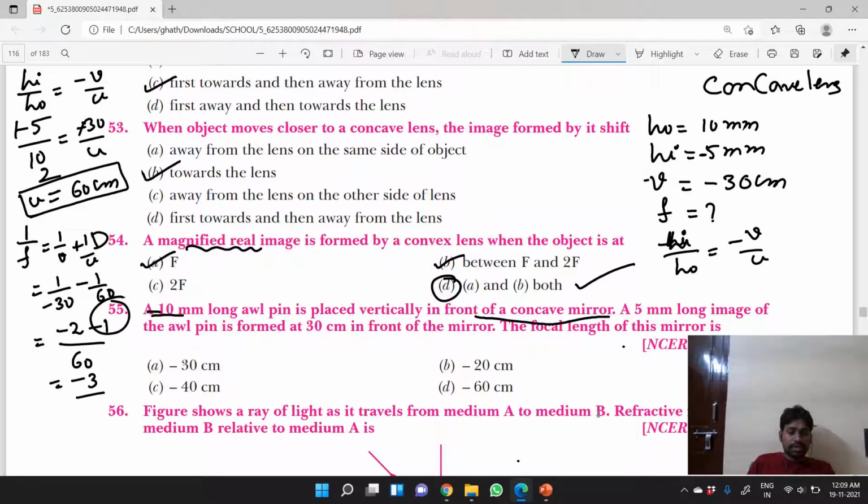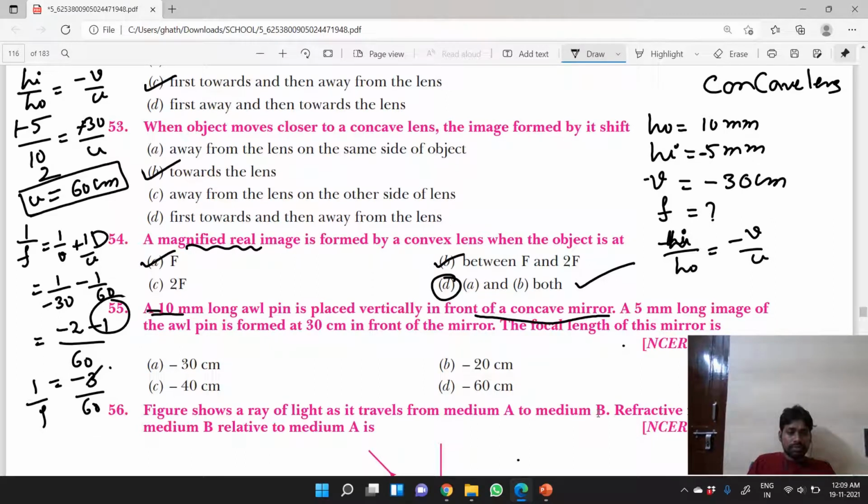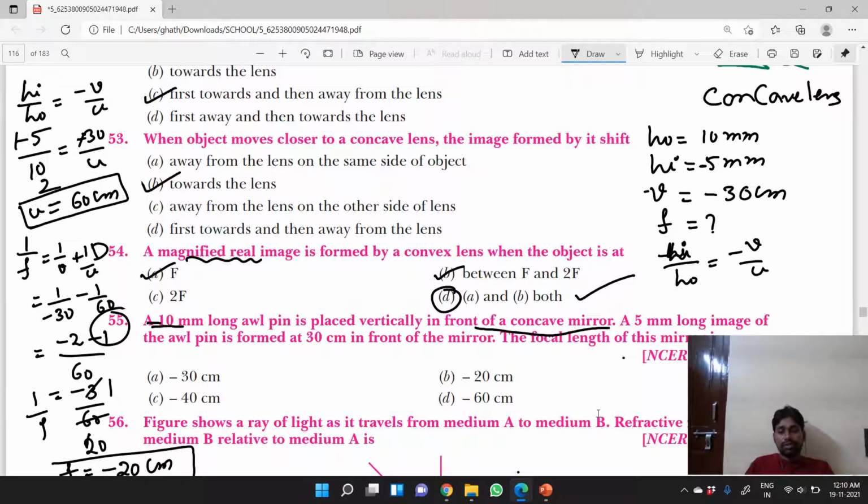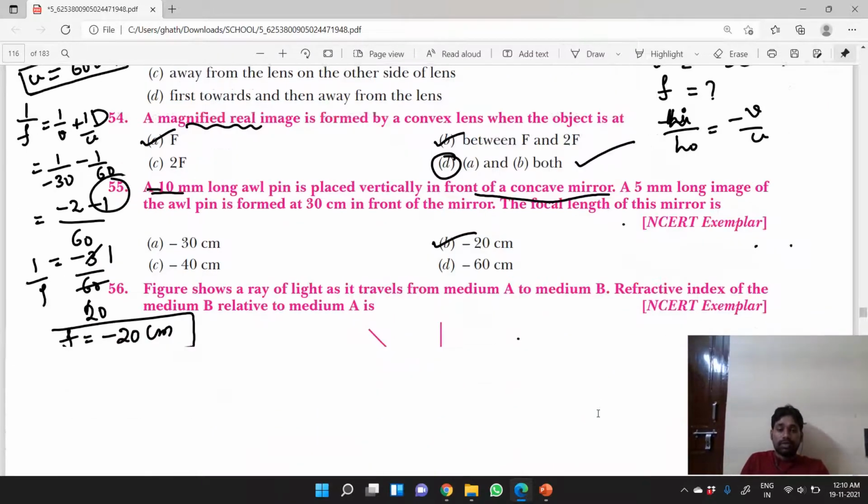So minus 3 upon 60 is 1 by f. So it is 20 times. So f is equal to minus 20 centimeters, which is the focal length. So the answer for this question is minus 20 centimeters. Next question.